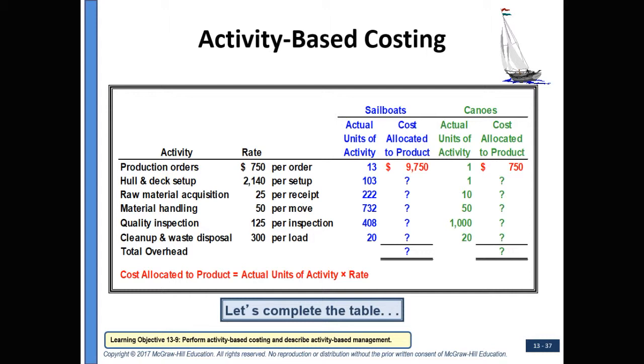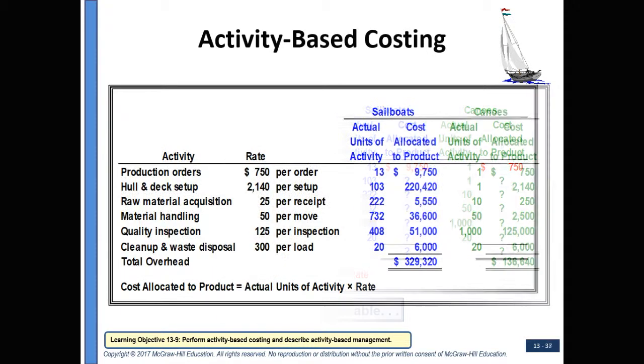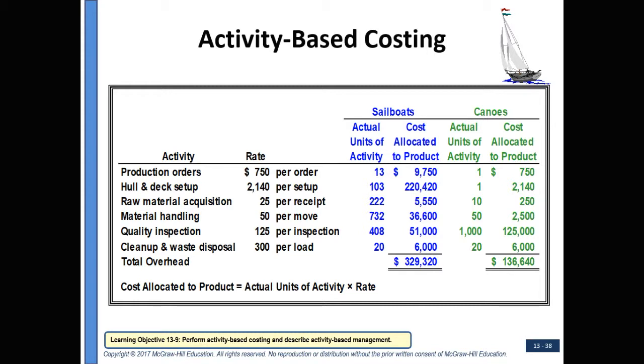So for example, 13 production orders were prepared at a rate of $750 per order. So this was $9,750 applied to sailboats and only $750 applied to canoes. Carry that all the way through the rest of the table. And we now have a table complete, applying overhead at the overhead rate for each unit of activity for the two different products.